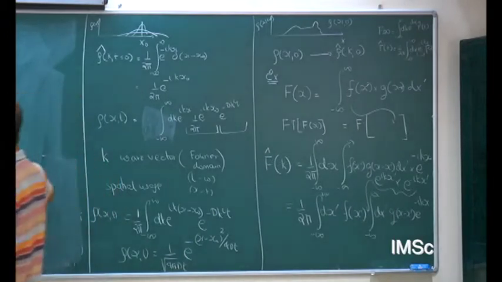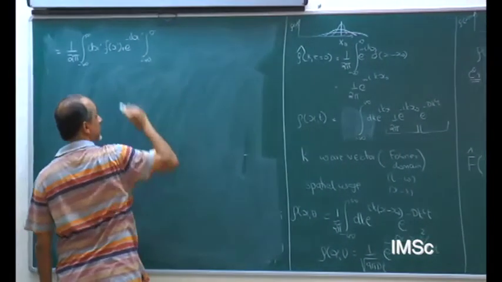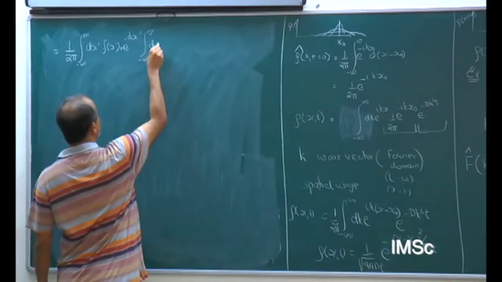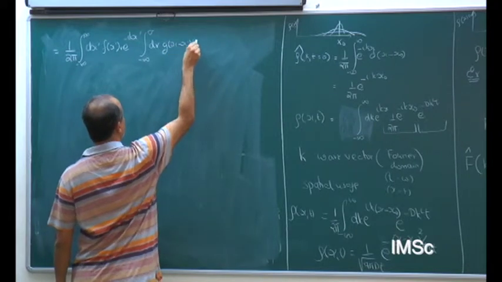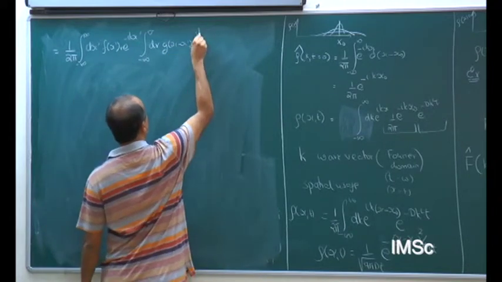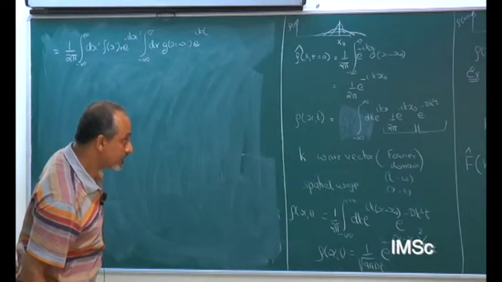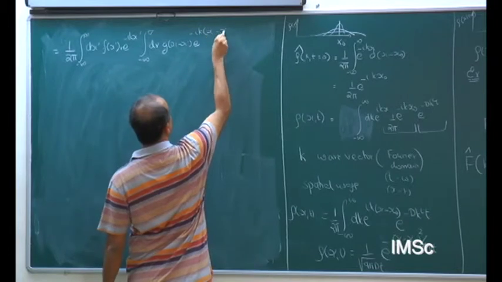And I get integral from minus infinity to infinity, dx, g of x minus x prime, exponential of minus ik times x minus x prime. Is that correct?